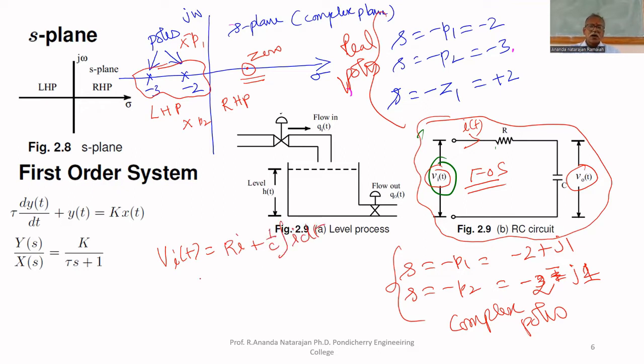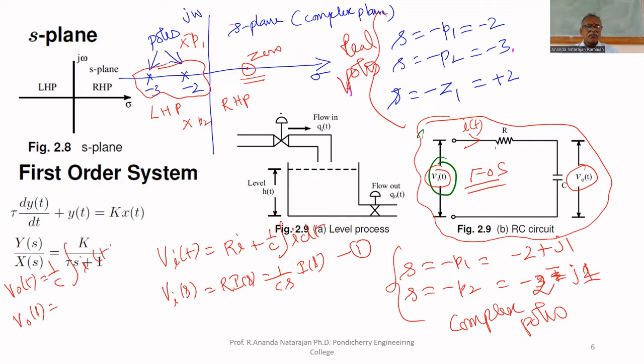If I take the Laplace transform of this, assuming zero initial conditions, you will get Vi of S equals R I of S plus 1 upon CS I of S. Let it be equation 1. What is the output? V naught of t equals 1 by C integral of i dt. If we take the Laplace transform, 1 by CS I of S.